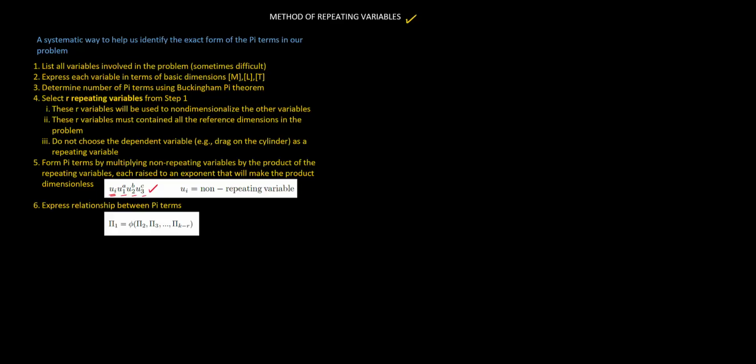So let's consider a pipe flow. We have a pipe over here, and it will have a certain velocity profile, and then another velocity profile further downstream.